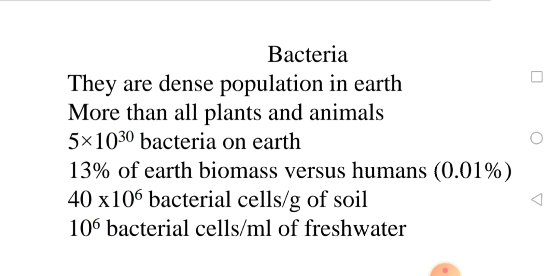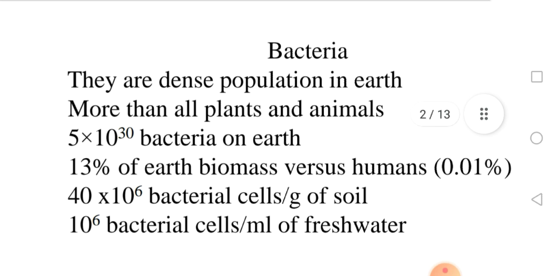Humans constitute about 0.01% of Earth's biomass. In soil, there are about 40 times 10 to the power 6 bacterial cells per gram of soil. In fresh water, there are about 10 to the power 6 bacterial cells per ml of fresh water.